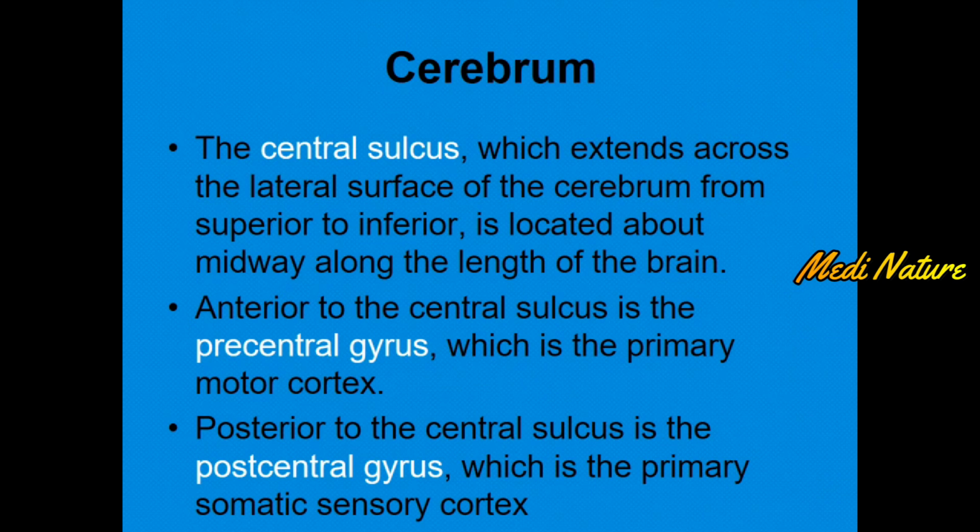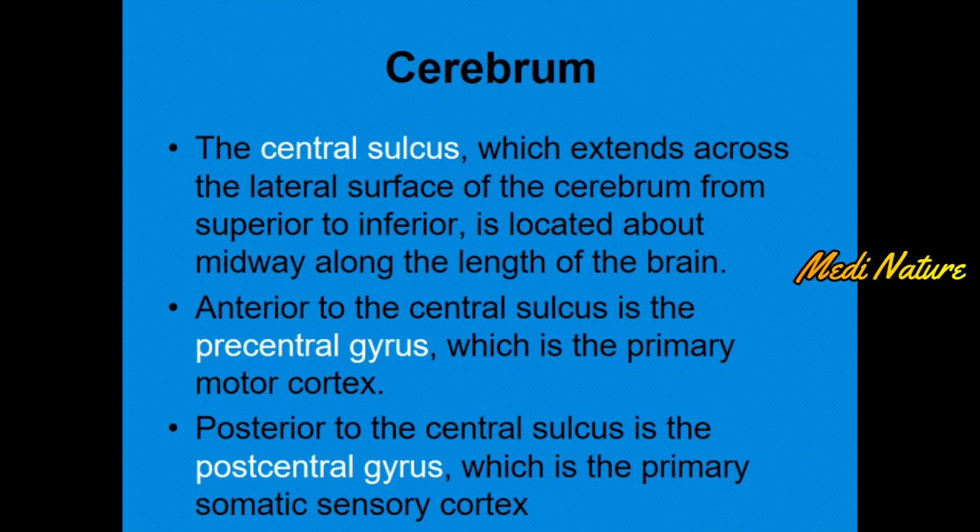When we are considering the cortex of cerebrum, there is central sulcus, which is located about midway along the length of the brain. It extends across the lateral surface of the cerebrum from superior to inferior. Anterior to the central sulcus, there is the precentral gyrus.